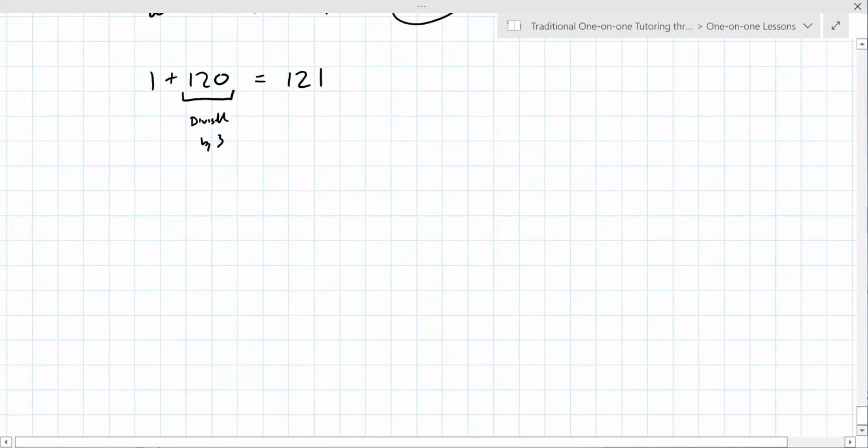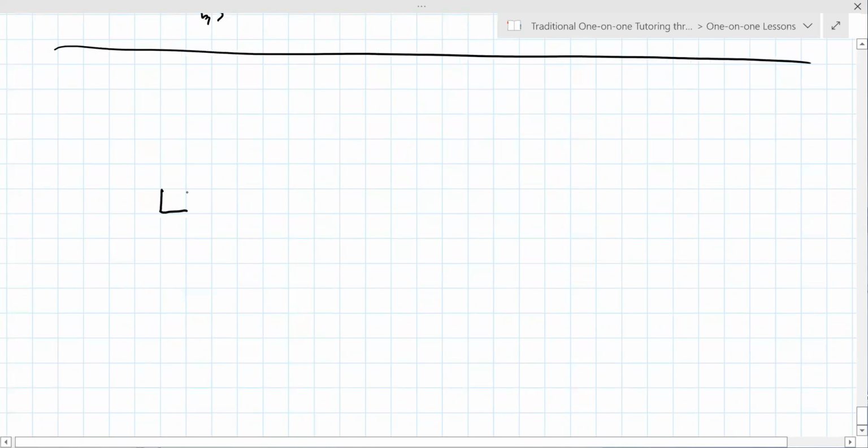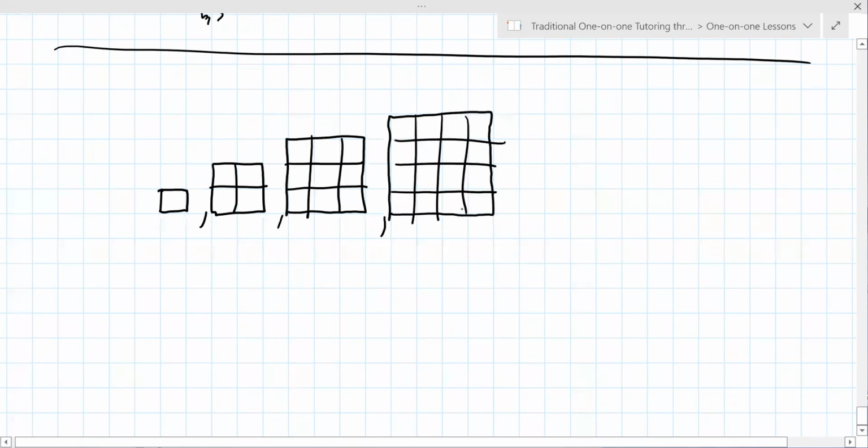Now, the last kind of problem I will leave you with, because it's not just this. Here is another pattern that you might see. Could you describe this in words for me, as best you can?